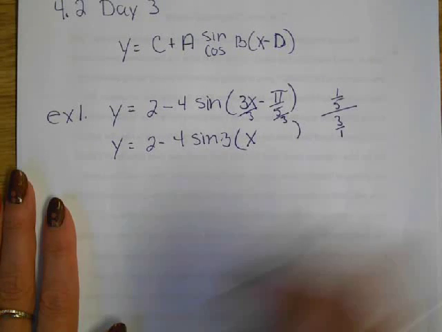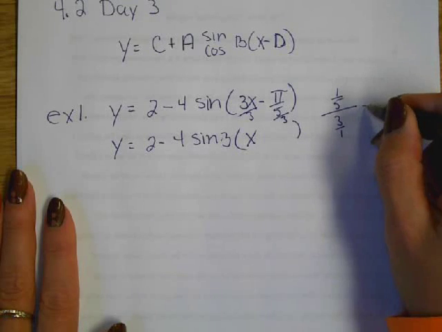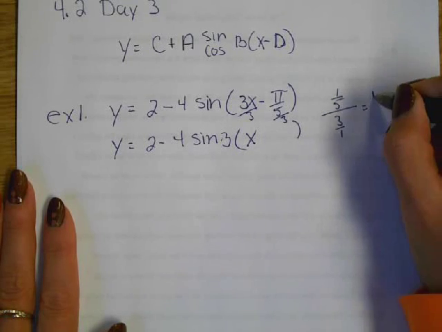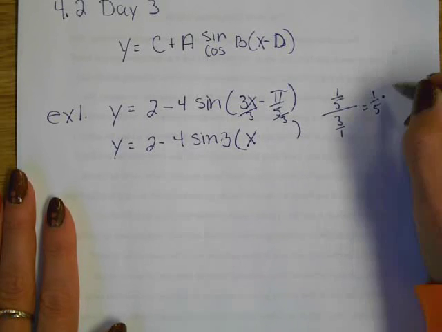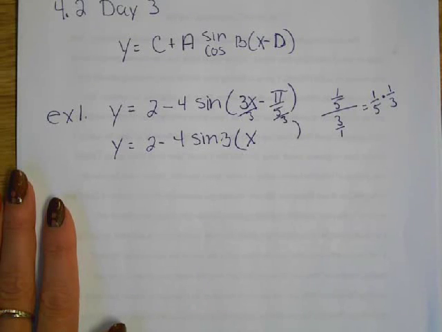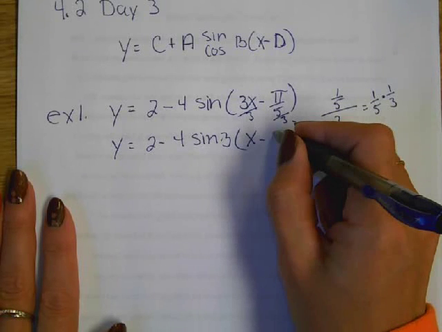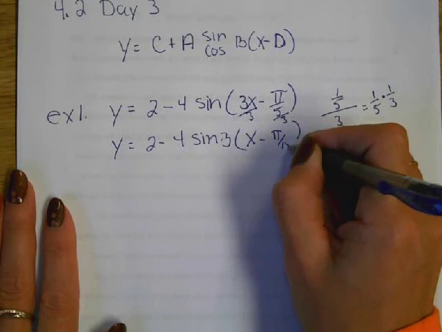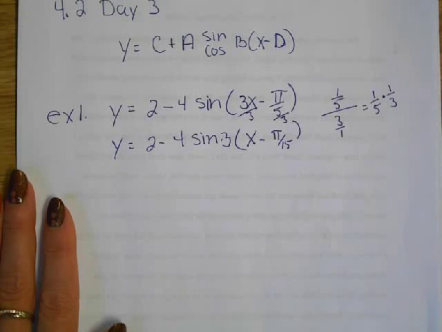The process from junior high says flip and multiply. So you change this to a multiplication problem, 1/5, flip that over, and you're going to get minus pi over 15.